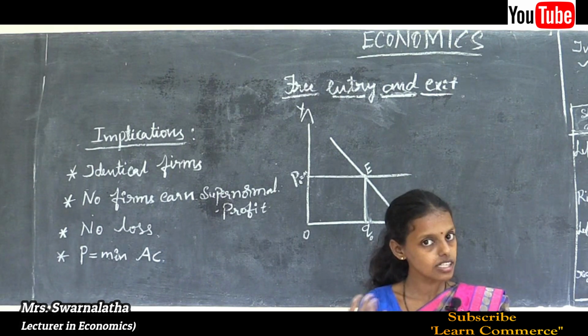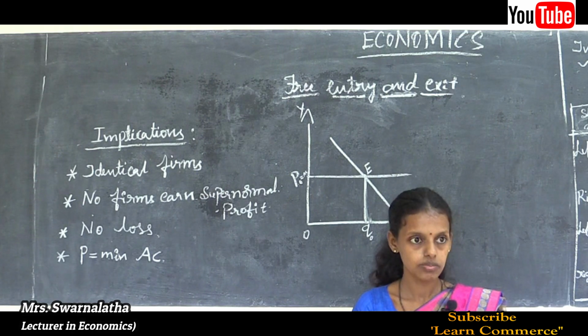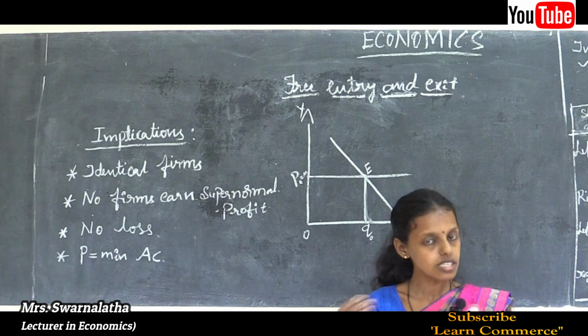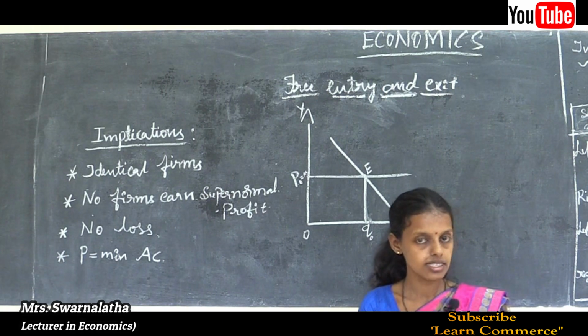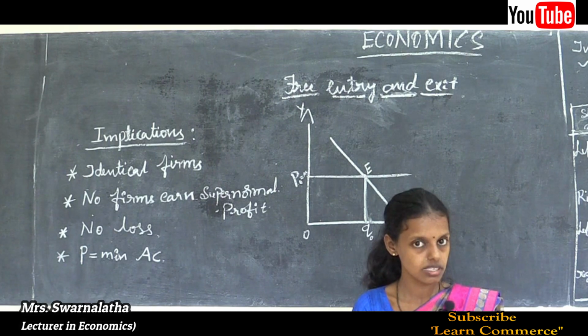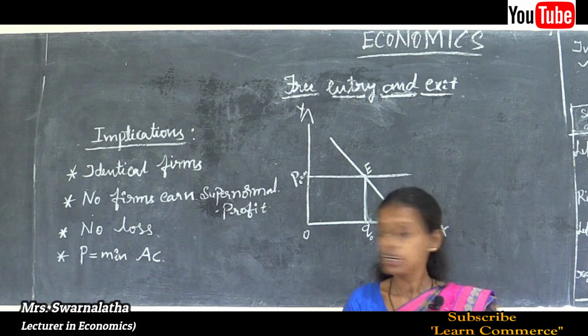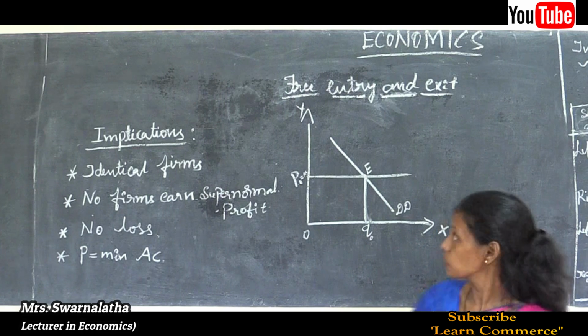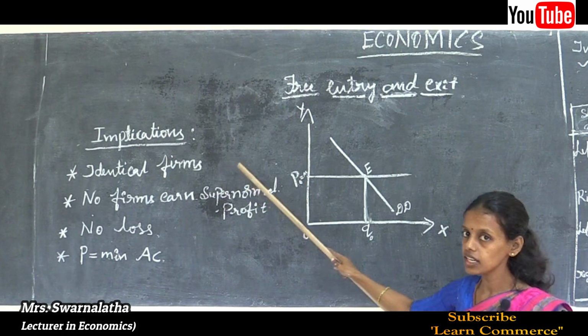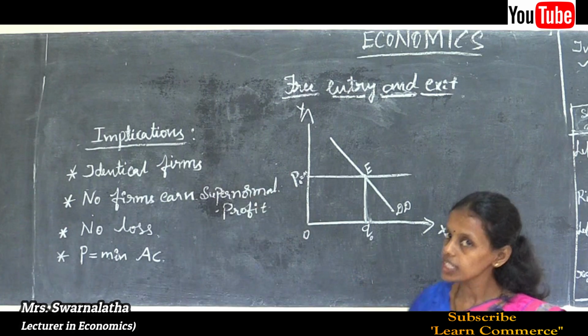It attracts new firms to the industry. So the industry is attracting new firms through the profit. Those new firms are entering the industry with the hope of getting the maximum profit in the business, so identical firms are attracted to the industry.